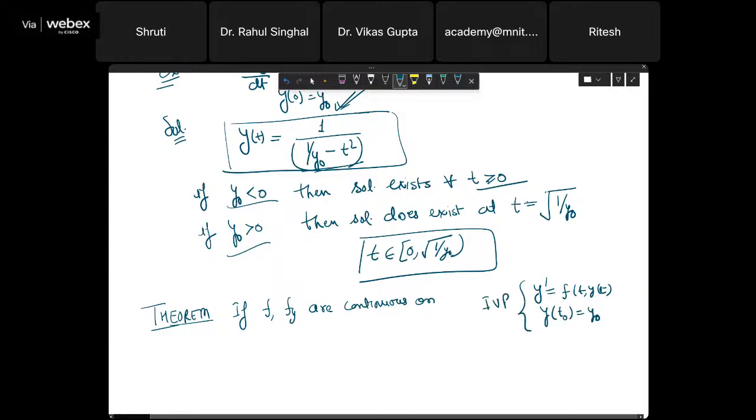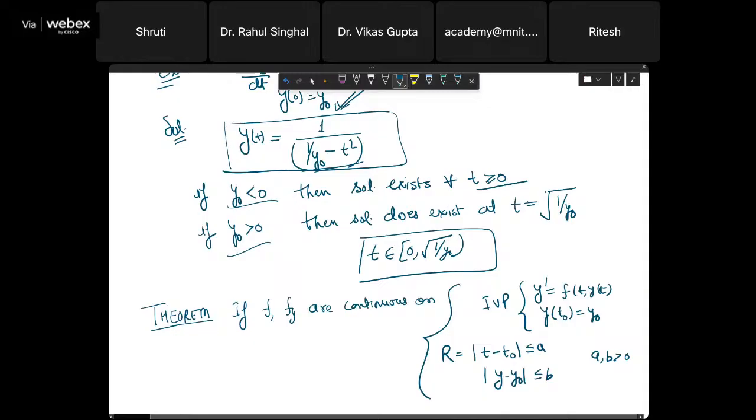It is defined over the rectangular domain, where a and b are constants. So t ranges from t naught minus a to t naught plus a, and the absolute value of y minus y naught is less than or equal to b. a and b are some constants. So this is my problem over the rectangular domain R.